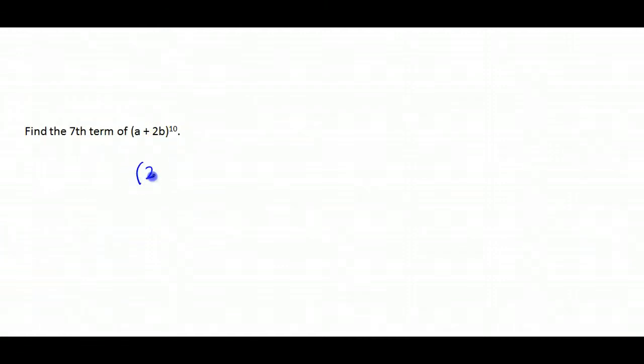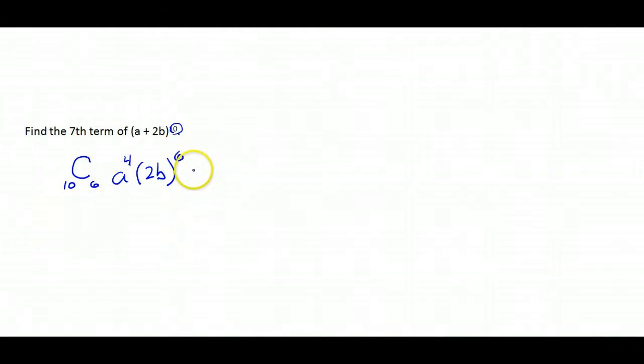So remembering that, if I want to find the 7th term of this, that means I want the second term to have 1 less than 7. So it's going to be raised to the 6th power. And since the exponents have to add up to 10, that means that the first term has to be a 4. Okay, what about the coefficient? Well, the coefficient is going to be the combination of n and r.